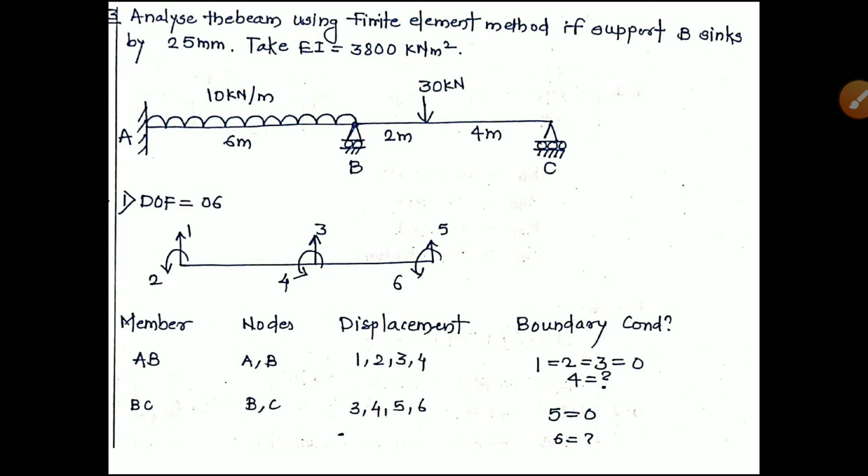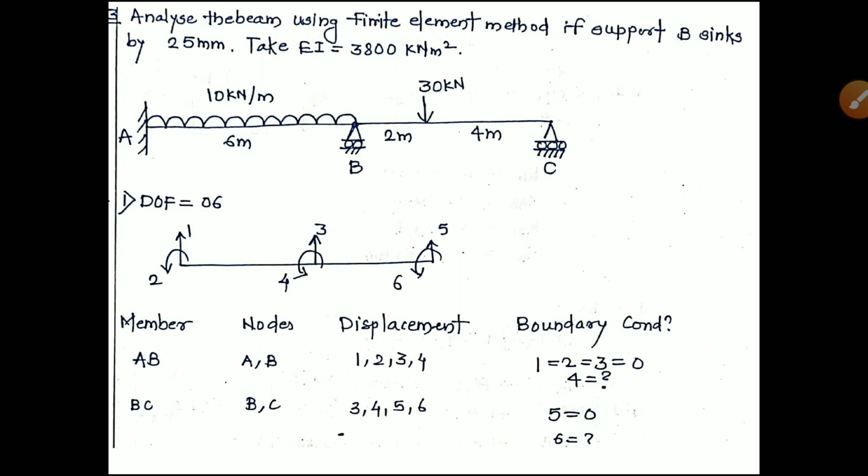So number 4 and 6 are unknown here, whereas number 3 and 5 represent translation at support B and at support C respectively, so they are 0. So total boundary conditions: at support A, degrees of freedom number 1, 2, at support B degree of freedom number 3, and at support C degree of freedom number 5. They are 0.